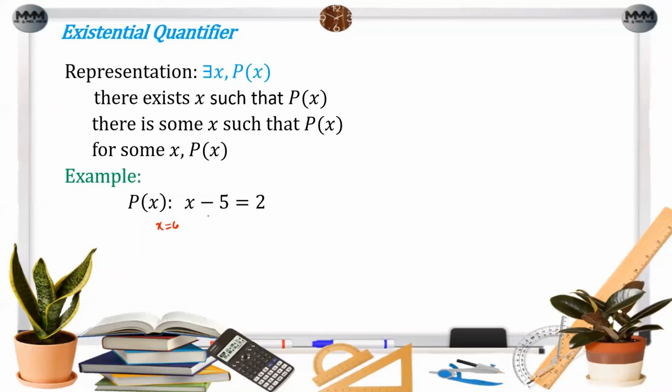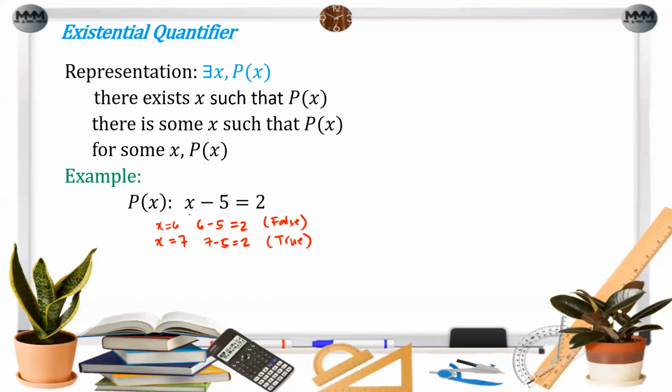Then this predicate becomes 6 minus 5 equals 2, and we know that 6 minus 5 is 1, so this is false. Another one, we can also let x be equal to 7 or any real number. So we have 7 minus 5 equals 2, and we know that 7 minus 5 equals 2. And this statement here is true.